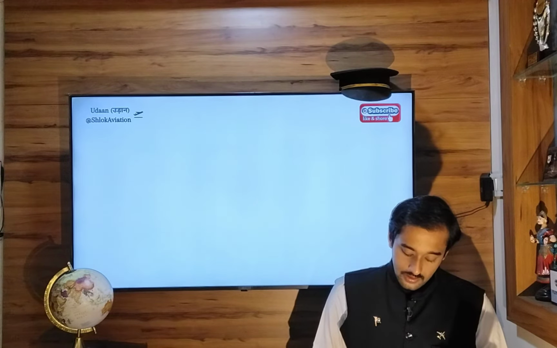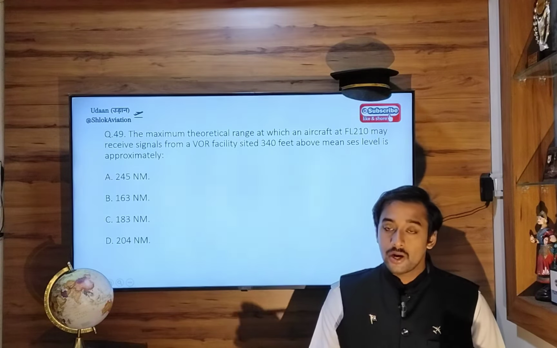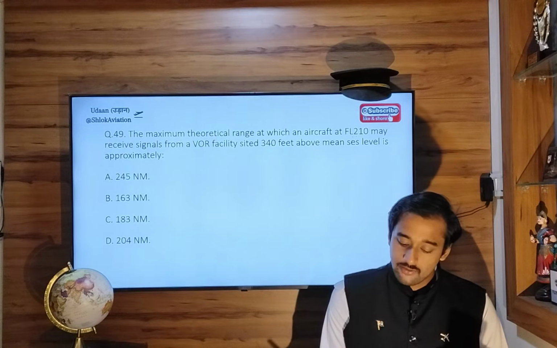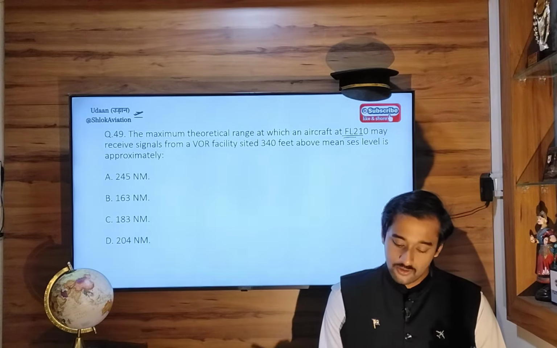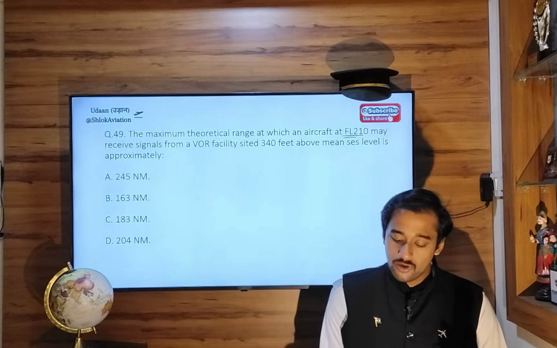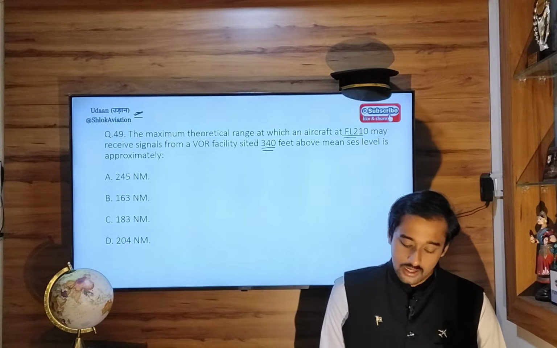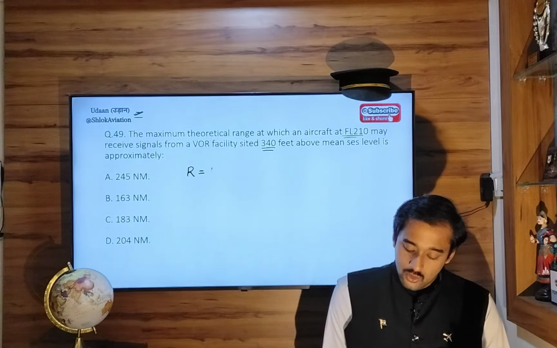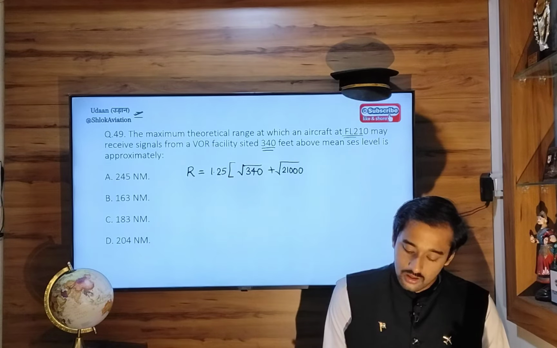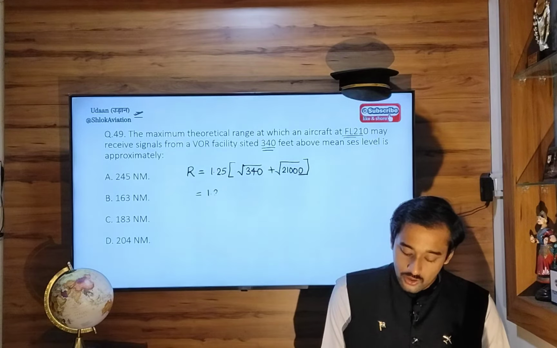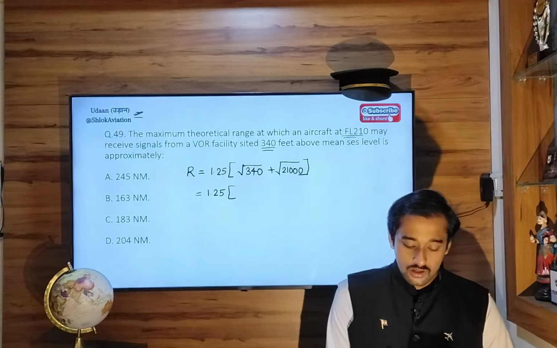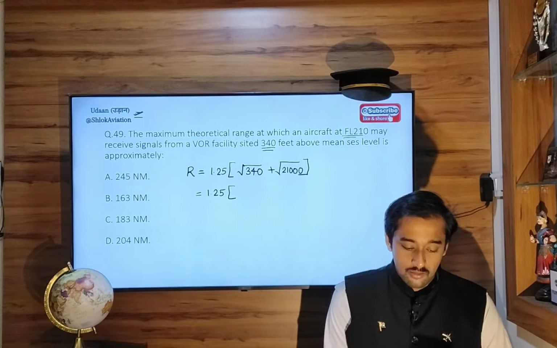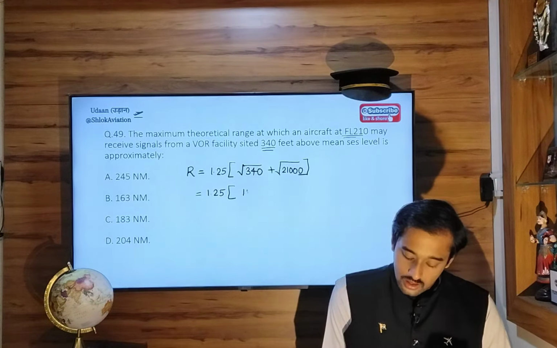Question 49. The maximum theoretical range at which an aircraft at flight level 210, 21,000 feet, may receive signals from a VOR at 340 feet is what? So same thing, range is 1.25 times square root of 340 plus square root of 21,000. So 1.25, square root of 340 will be 18.